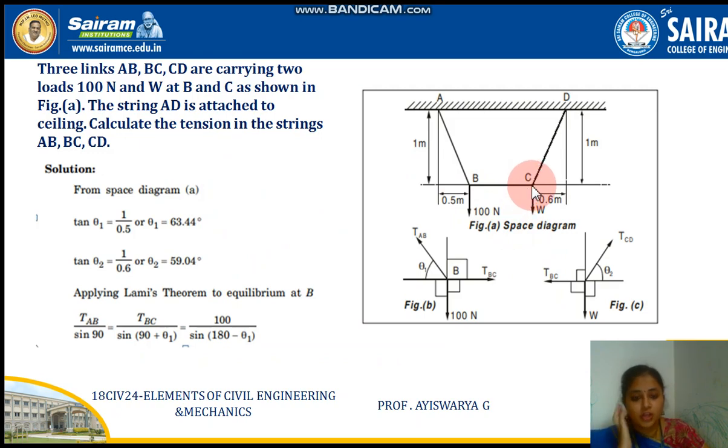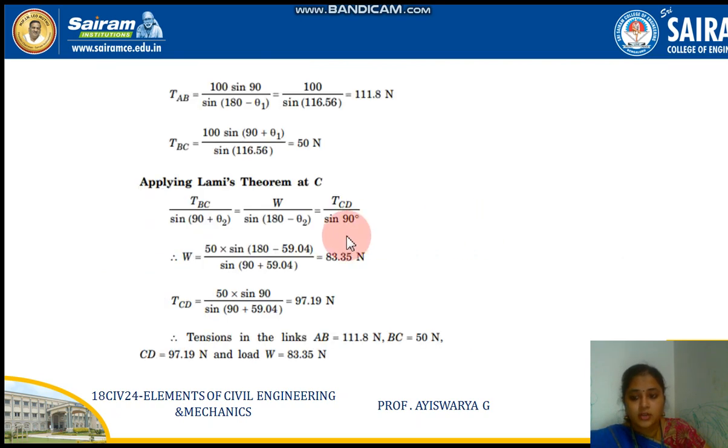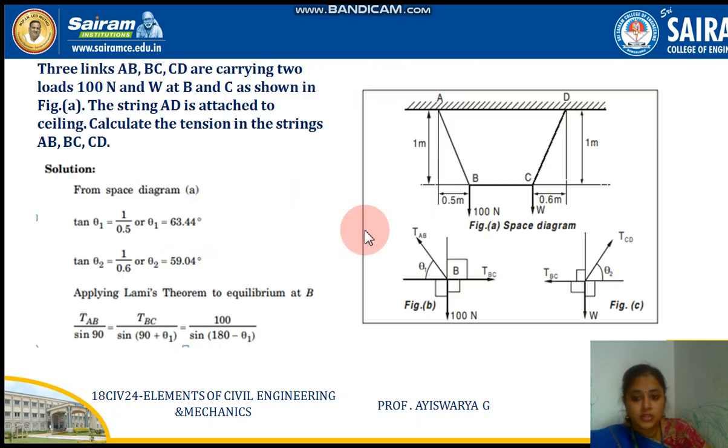So again draw the free body diagram. From point C, W is hanging, and there is TBC, and this one is TCD. By applying Lami's concept you will get TBC divided by sine of 90 plus theta 2, TCD divided by sine 90 degrees, and W divided by sine of 180 minus theta 2.